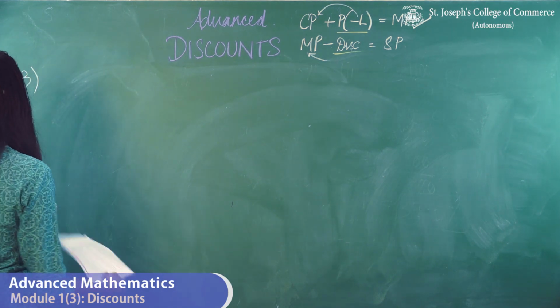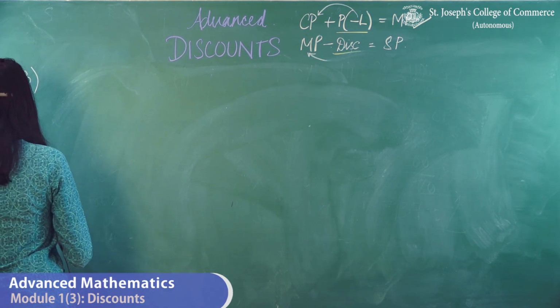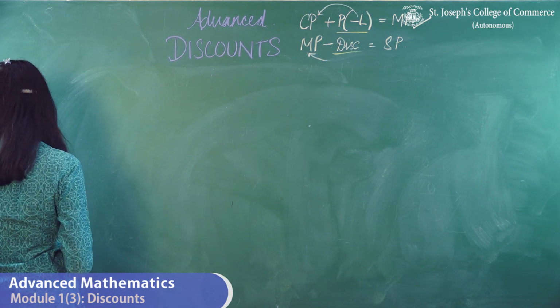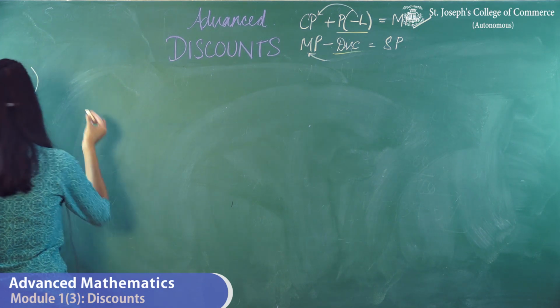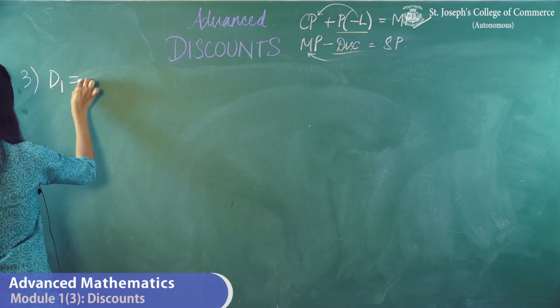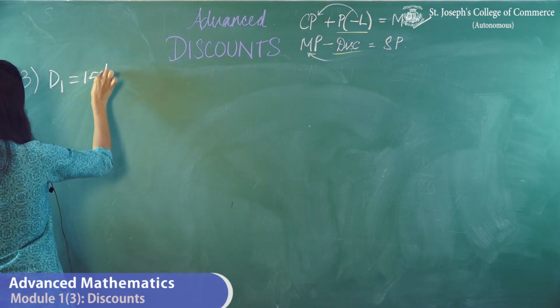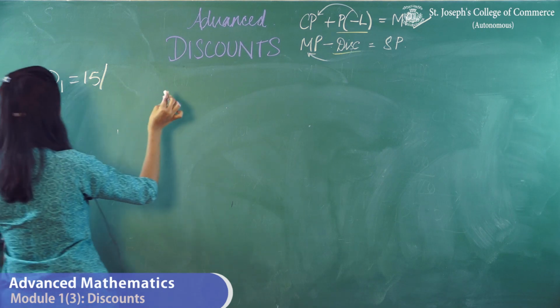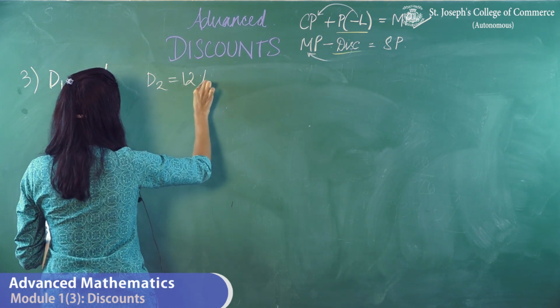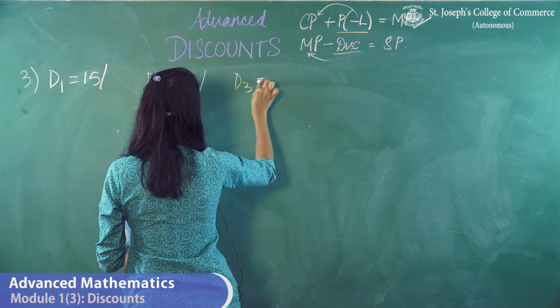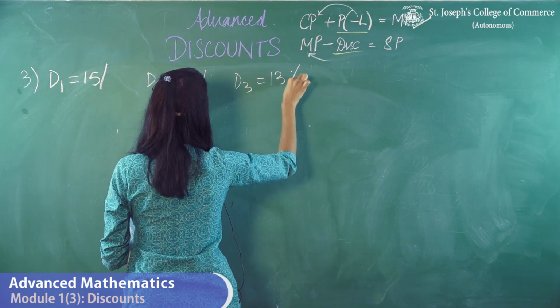Let's try solving this question. There are three rates given to us. Discount one, first discount is 15%, discount 2 is 12%, and discount 3 is 13%.